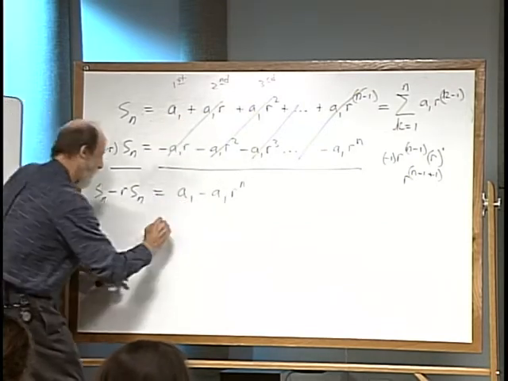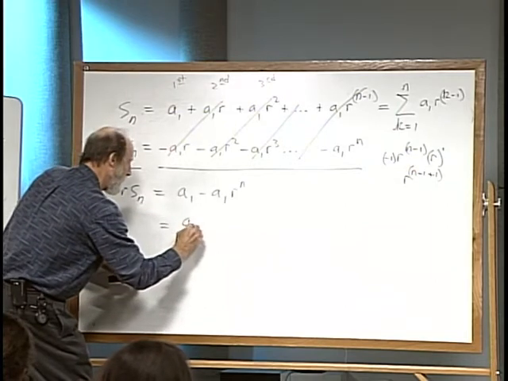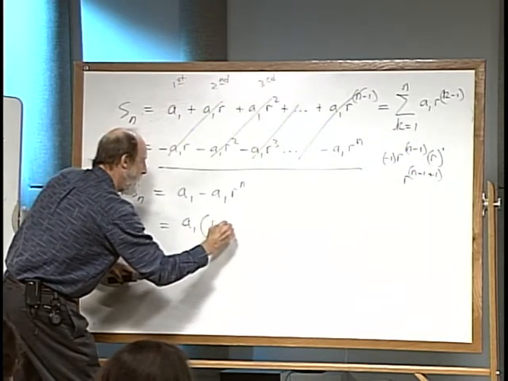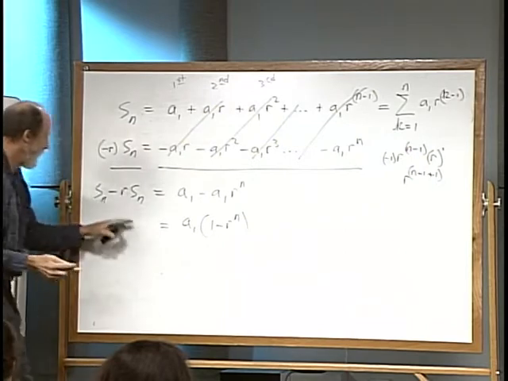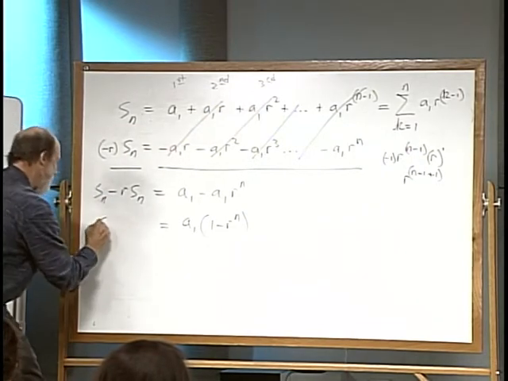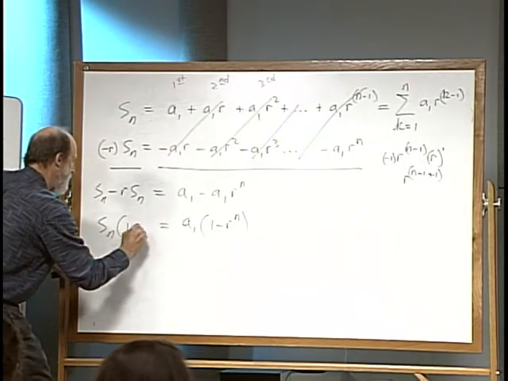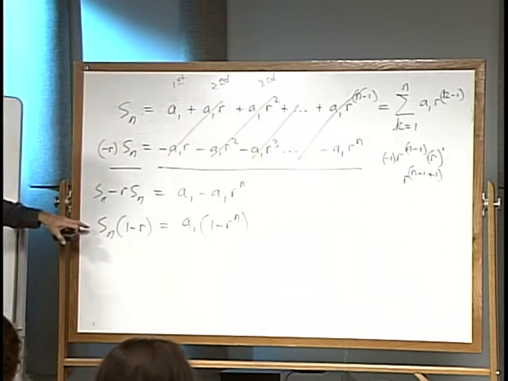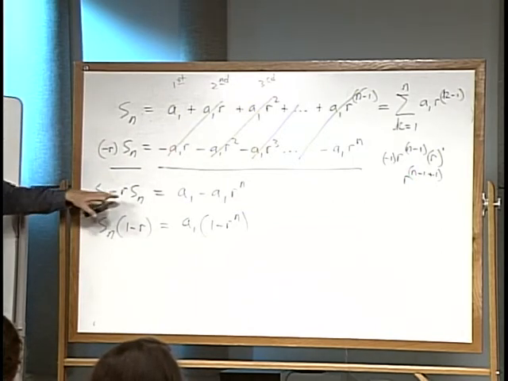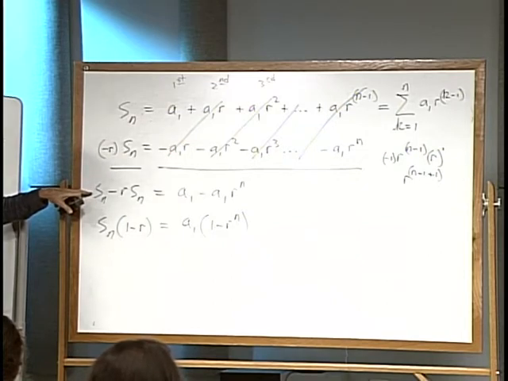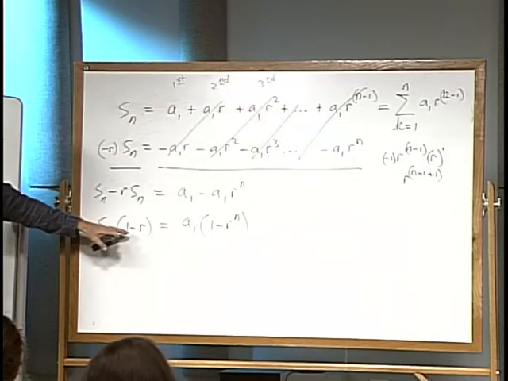And notice on the right side here, there's a common a sub 1 you could factor out. And over here, there's a common s sub n we could factor out. And we're trying to solve for s sub n, right? To come up with a formula for the partial sum. So then you just have to divide by 1 minus r. Excellent.